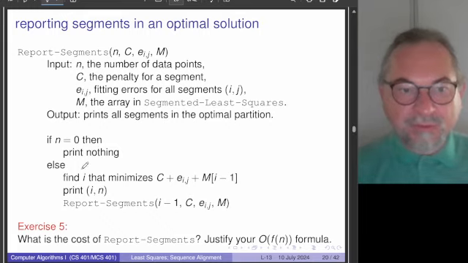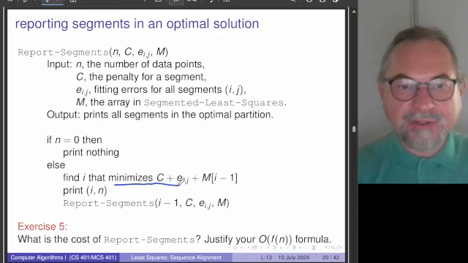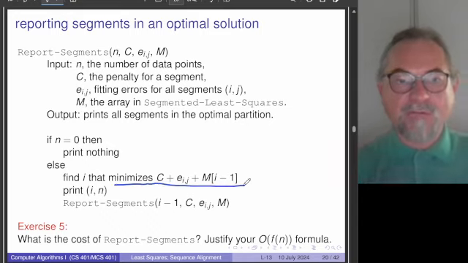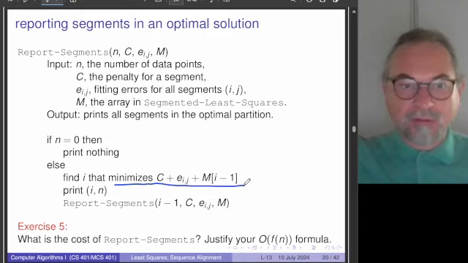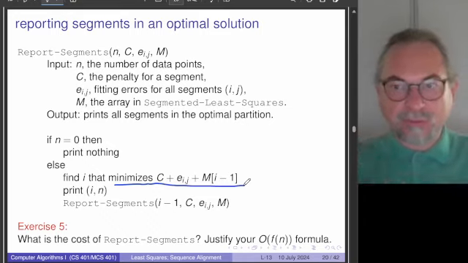Then you must know that you have to find here a minimization. So you have to find over all possible I values, and that goes up to n minus 1. So there is another loop there that's happening. So in some sense, I have already indicated that the cost will be quadratic in n.